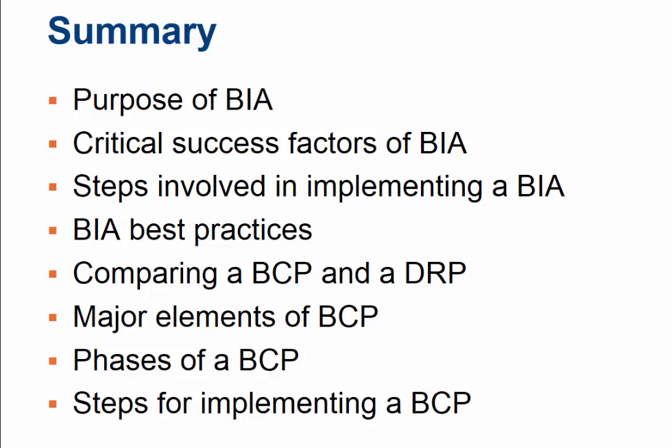The business impact analysis, the purpose of that, and what the critical success factors of a BIA are, steps involved in implementing it, and the BIA best practices. Comparing a BCP and a DRP, we went over that just a few minutes ago. The major elements of a business continuity plan, phases of a business continuity plan, and steps for implementing a business continuity plan.